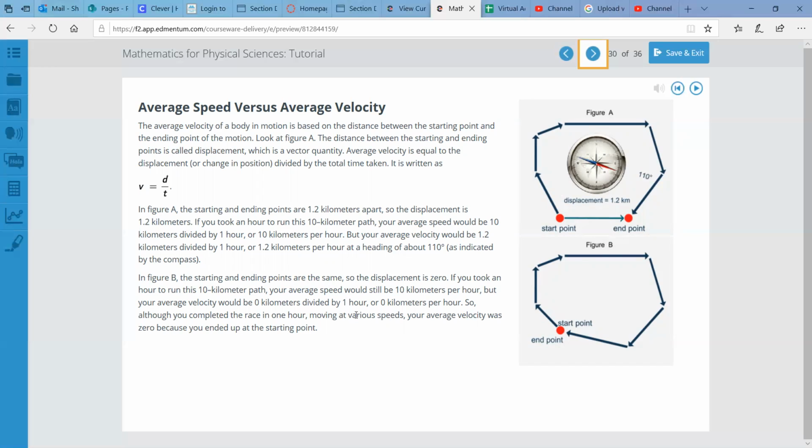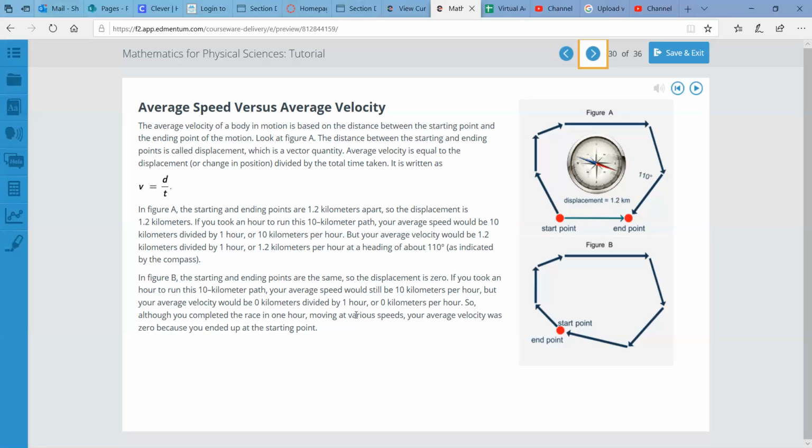In figure B, the starting and ending point are the same, so the displacement is 0. If you took an hour to run the 10-kilometer path, your average speed would be 10 kilometers per hour, but your average velocity would be 0 because you're at the same point you started. You weren't displaced, right?